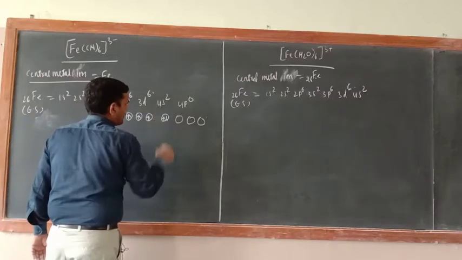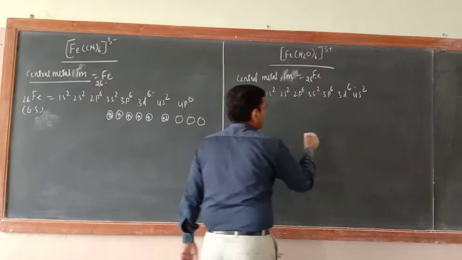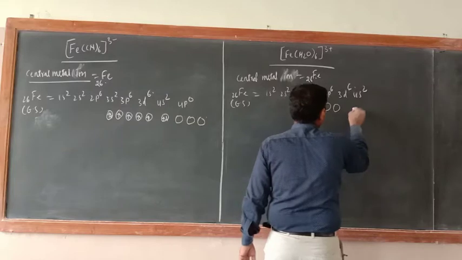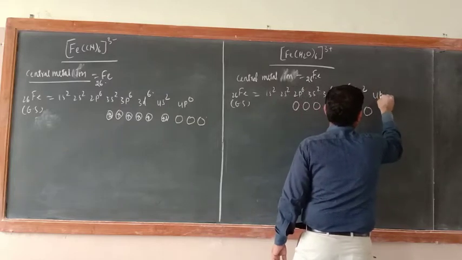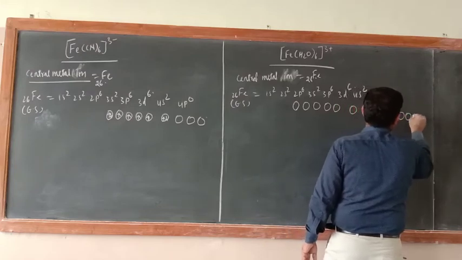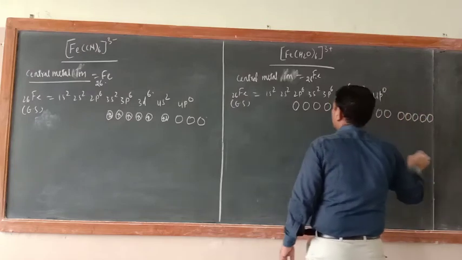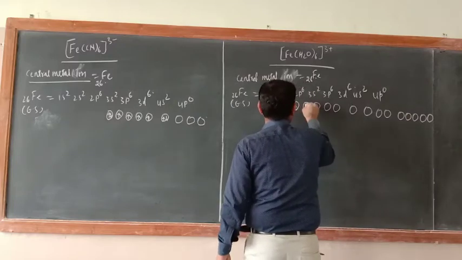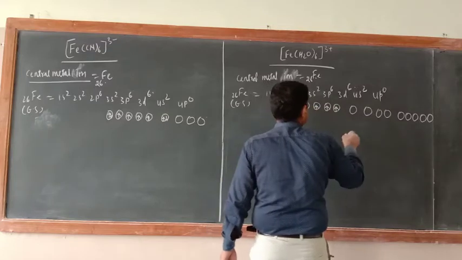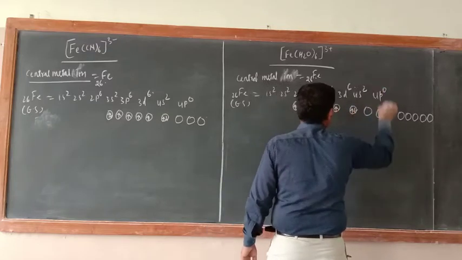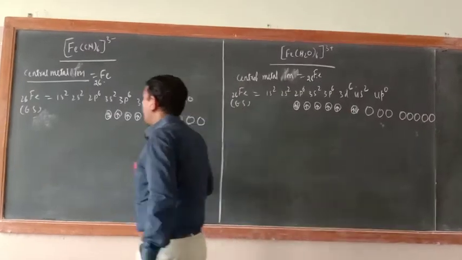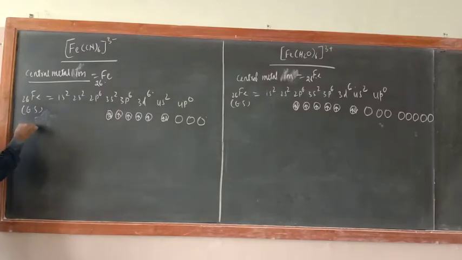Here 2 electrons in 4s. Make the boxes for 4p, 4p0, and 4d0. Correct? No problem at all. Now just see here what is the oxidation state?